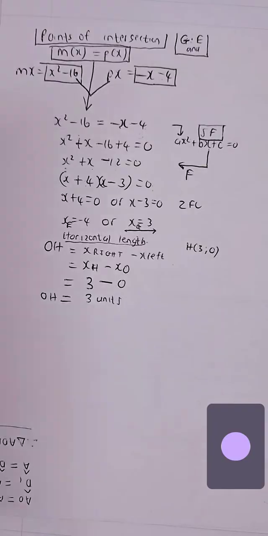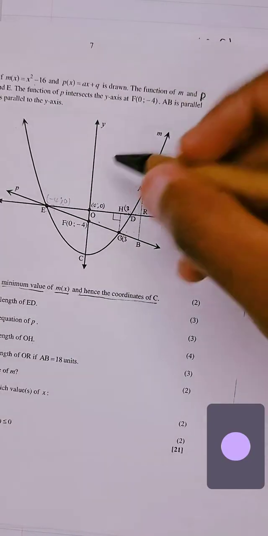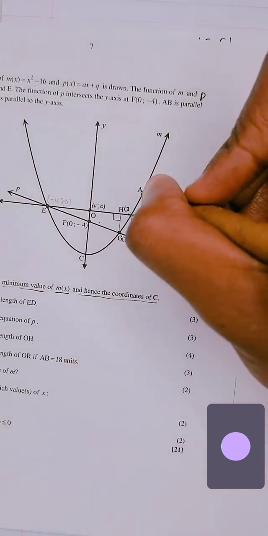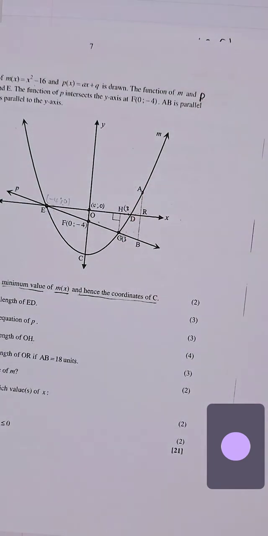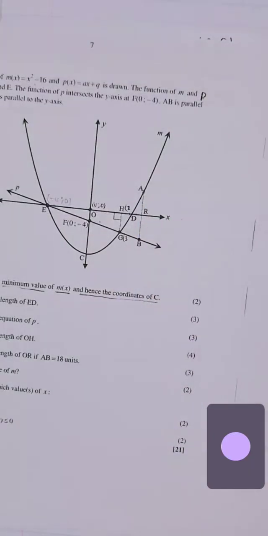So here's the logic that we use here. Do you see A is at the top? And you see on the same vertical line, B is at the bottom. Yeah.